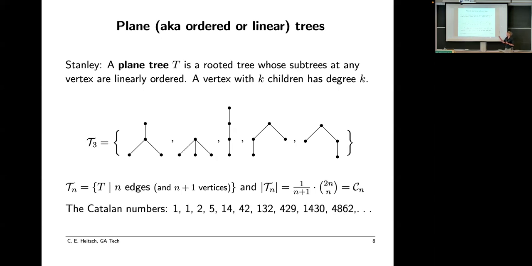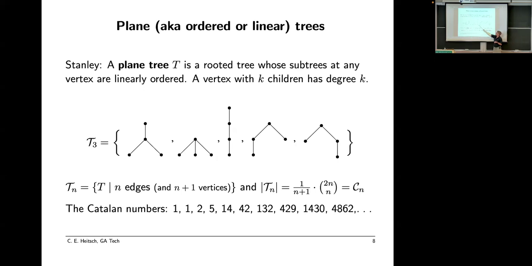So if I have 4 vertices, as unrooted trees, I have 2 distinct ones. I either have the star or I have the line. If I then choose a root, a unique identified vertex, then I have 4 trees. When I choose a root for the star, if I choose the one that has 3 children, that differentiates it from the one that has 1 child and then 2 more.